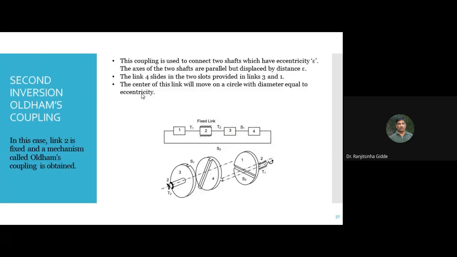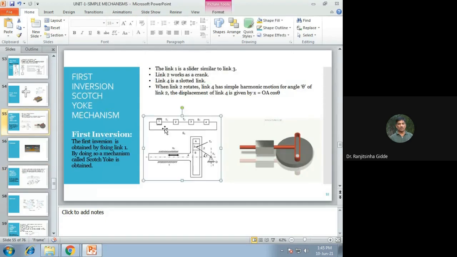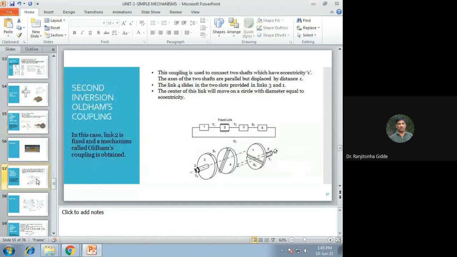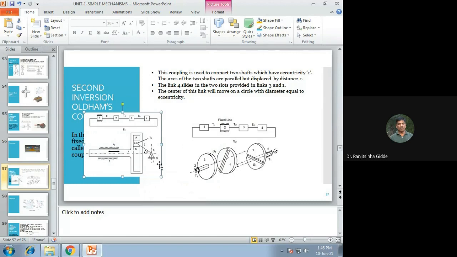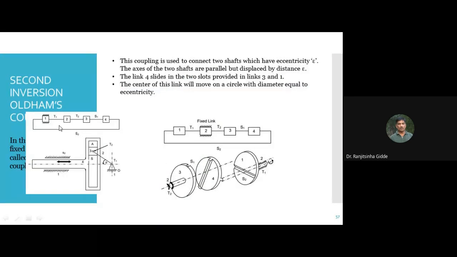Okay. Now let us see the second inversion, right? So again, I would like to take time. Here you can see this is the first link which was fixed to get the first inversion. And now this is the second link which is fixed to get the second inversion.